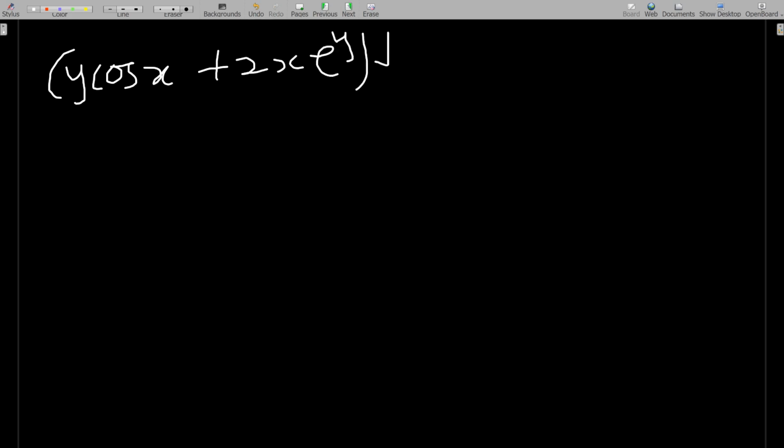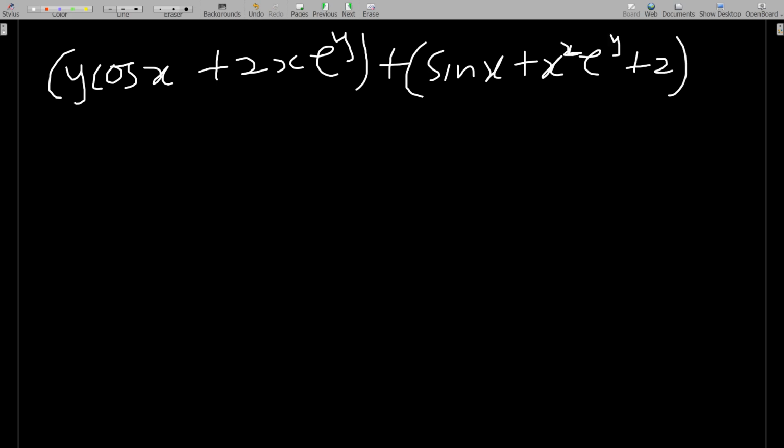And the second one is you're supposed to solve this: y cos x plus 2x e to the y, then plus sine x plus x squared e to the y plus 2, then dy dx, equals 0.